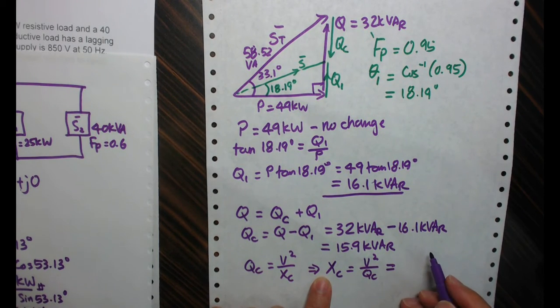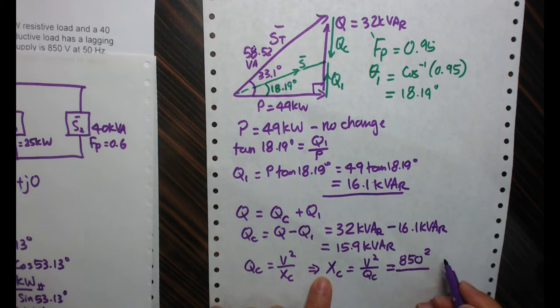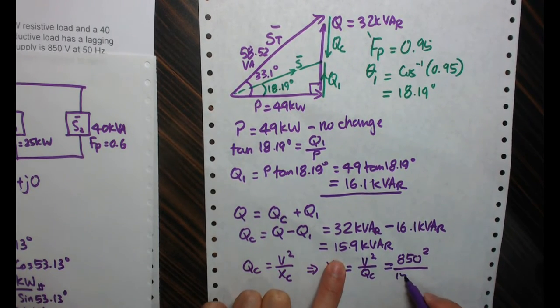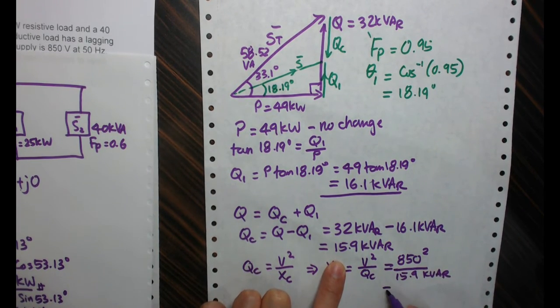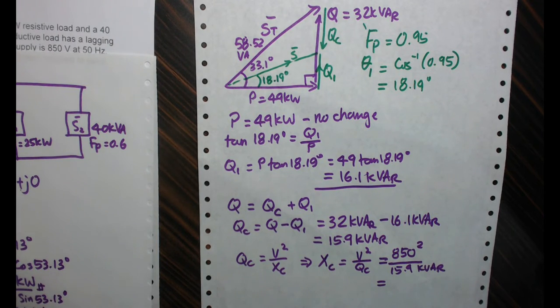Now V is the voltage applied, which is 850 volts, divided by QC, which is 15.9 kVAR. That gives me an XC of 45.44 ohms.